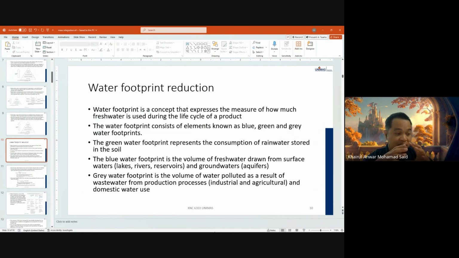So you have the gray water released to the environment, and fresh water dilutes the pollutant. The amount of fresh water that dilutes the pollutant is the gray water footprint.